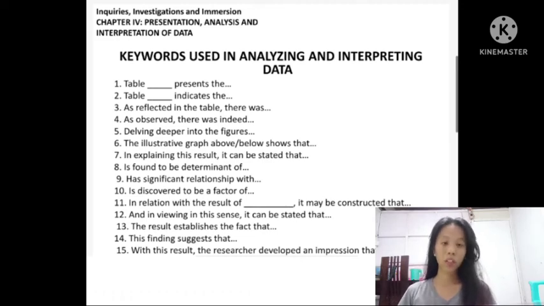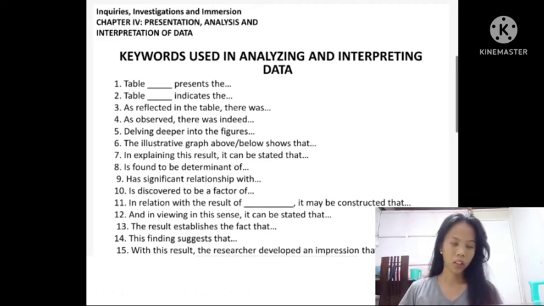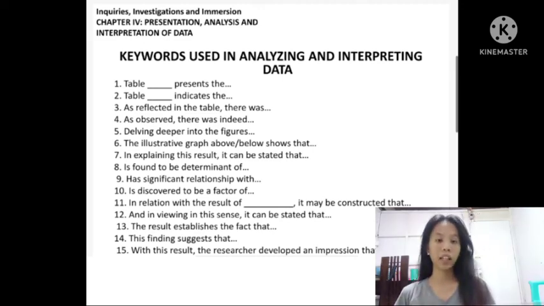The illustrative graphs above, below shows that, and in explaining the results, it can be stated that there are. Some examples of common phrases used in analyzing and interpreting data.